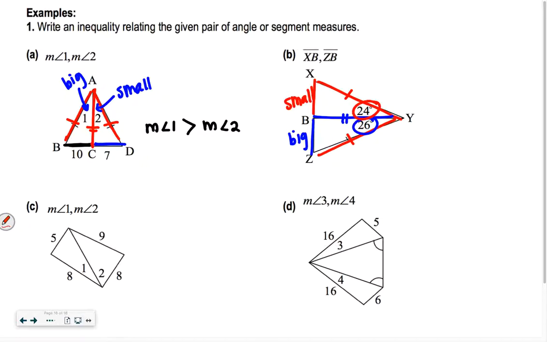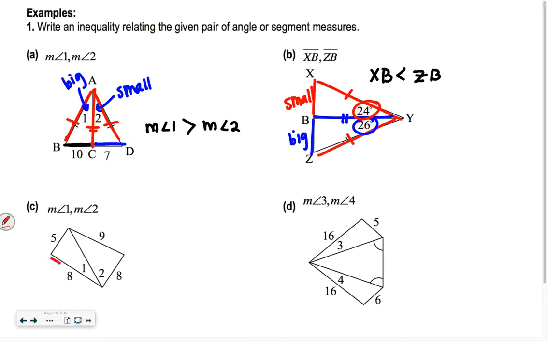So if I'm comparing ZB and XB, XB was the one that was smaller than ZB. You don't need the lines over them because these are talking about lengths. So we'll just do XB is less than ZB. Did you get those for the first two? Pretty easy, right?